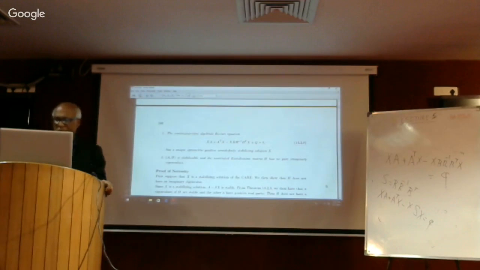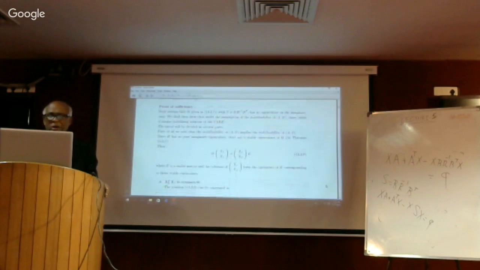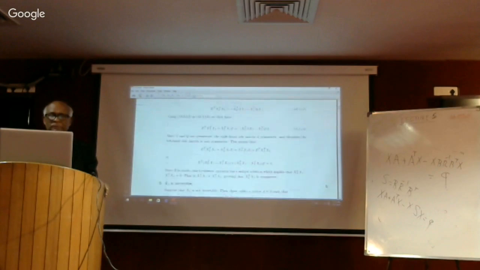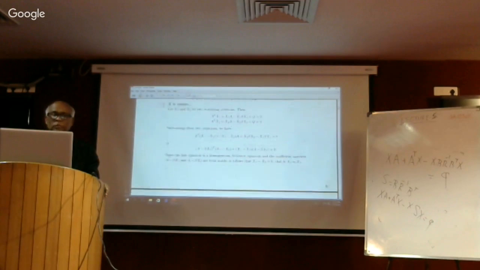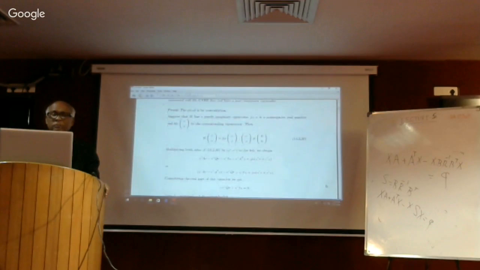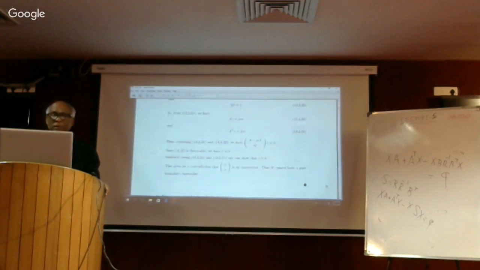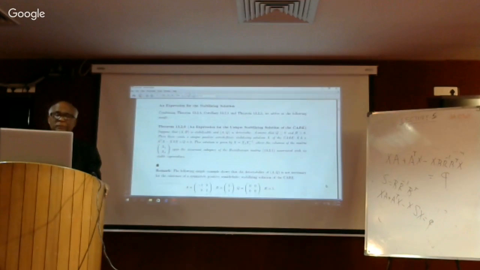It's kind of hard for me to explain the details, but let's see the algorithm for how we can do that. Here, instead of finding the real Schur form of the matrix A, we'll find the real Schur form of the Hamiltonian matrix.